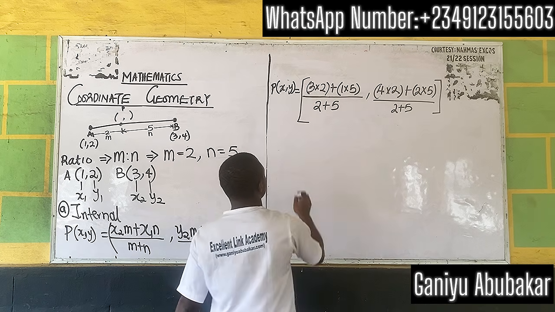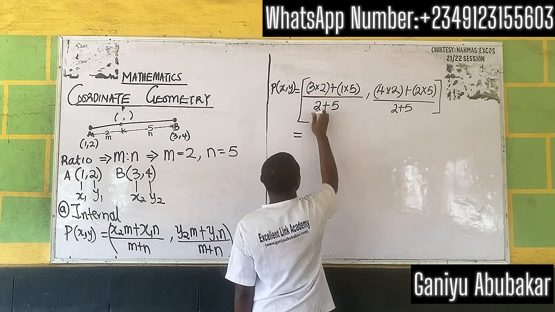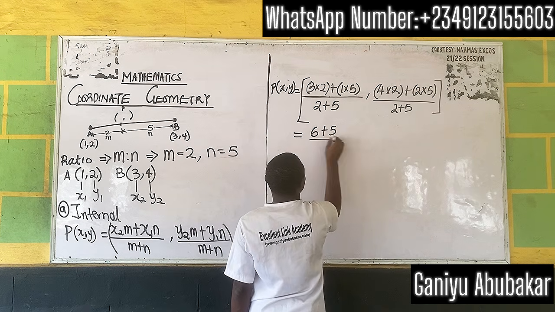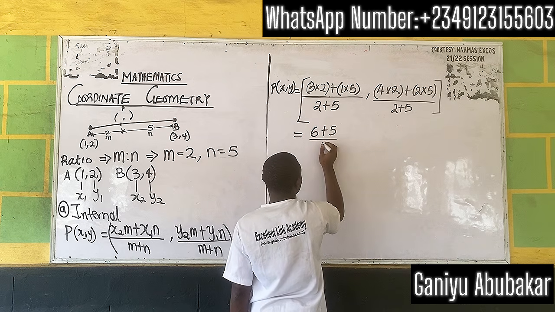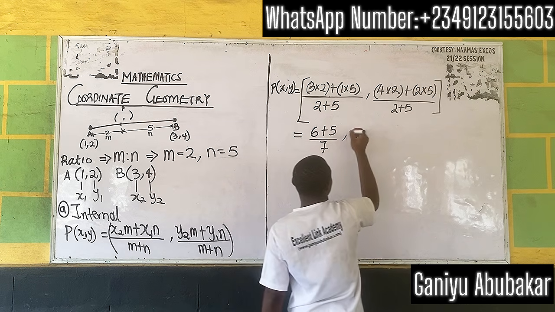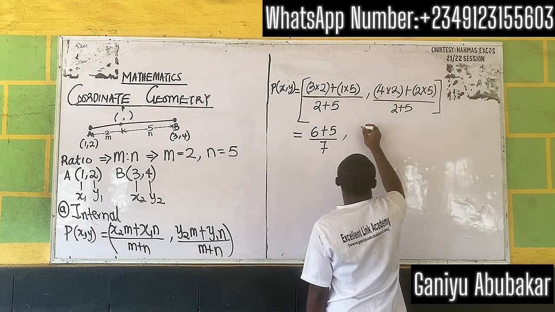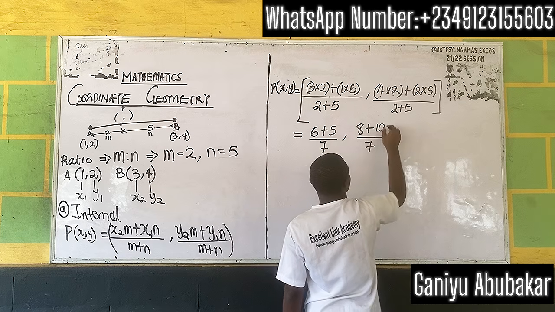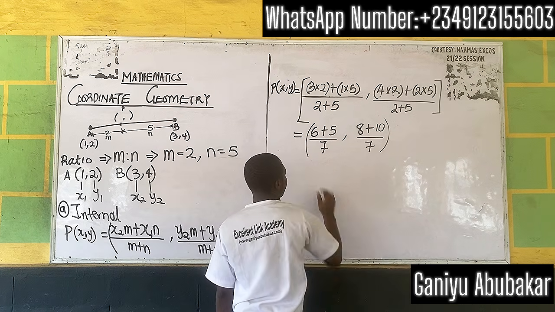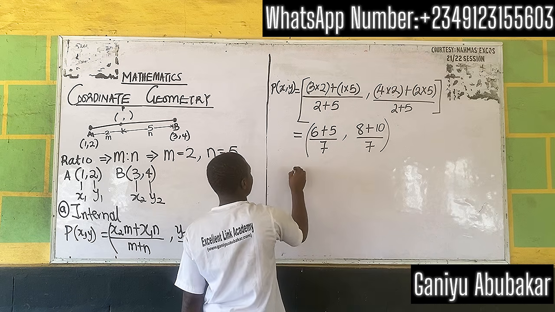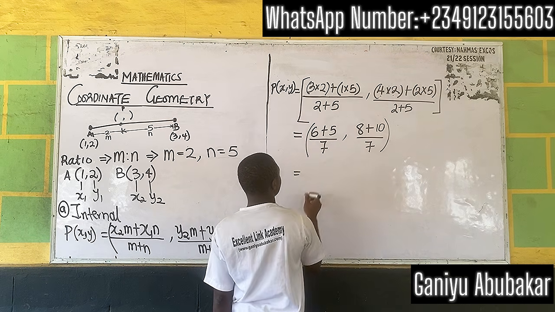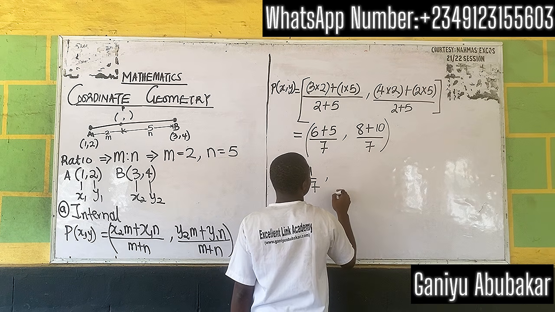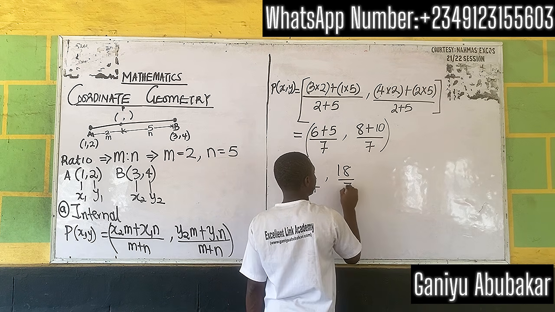Your next task here is to simplify further. This gives you 3 times 2 gives 6, plus 5 times 1 gives 5, over 2 plus 5 gives 7, comma, 4 times 2 gives 8 plus 2 times 5 gives 10, over 7. This is now equal to 6 plus 5, that gives 11 over 7, comma 18 over 7.